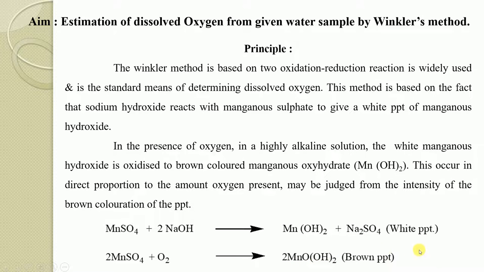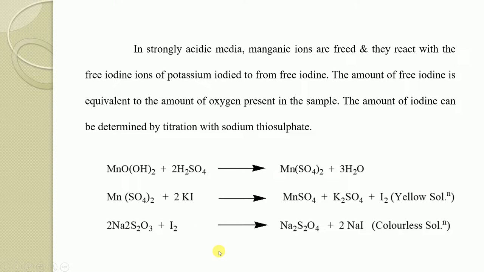a brown colored precipitate. Then in that particular brown colored precipitate solution in strongly acidic media, the manganic ions are free and they react with the iodide ions of the potassium iodide to form free iodine.